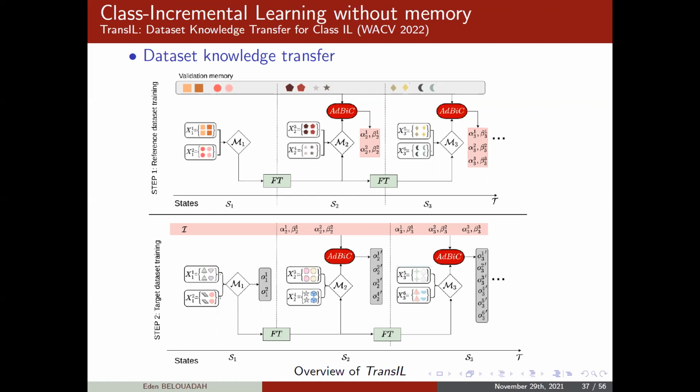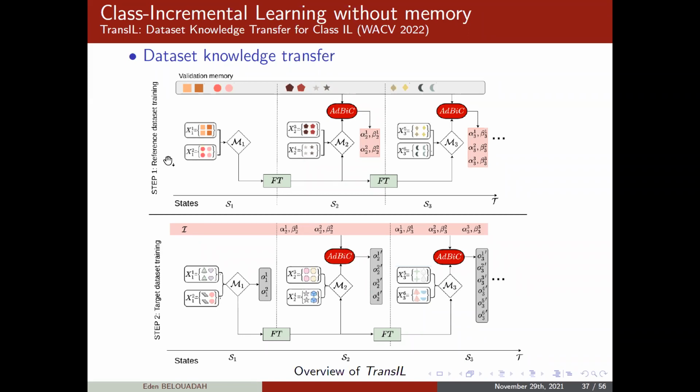It means that we assume that for this dataset, we have validation memory. So we use the validation memory to estimate the calibration parameters of adaptive BiC on this dataset. Now, once the training is done, we only save the calibration parameters in a secondary memory of negligible cost. And we use these saved parameters to rectify the scores on the target dataset.